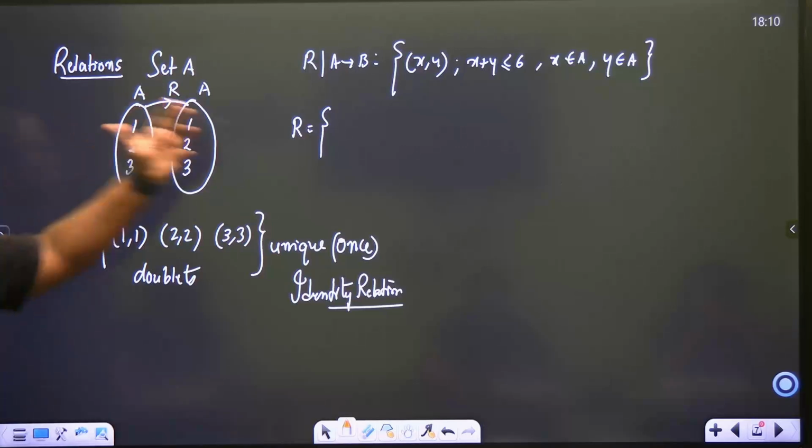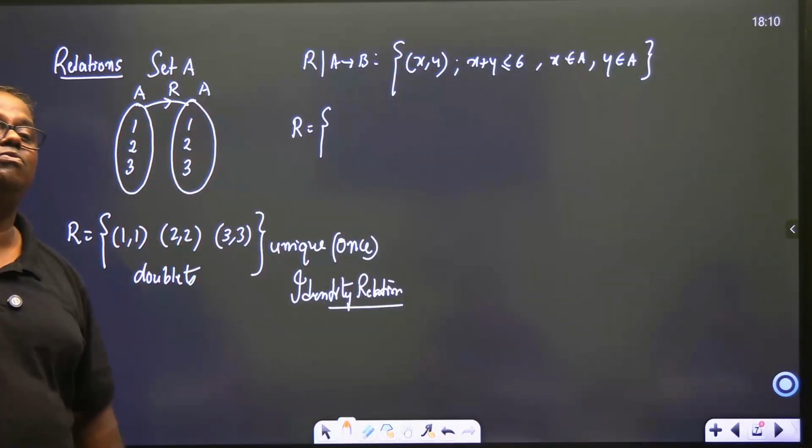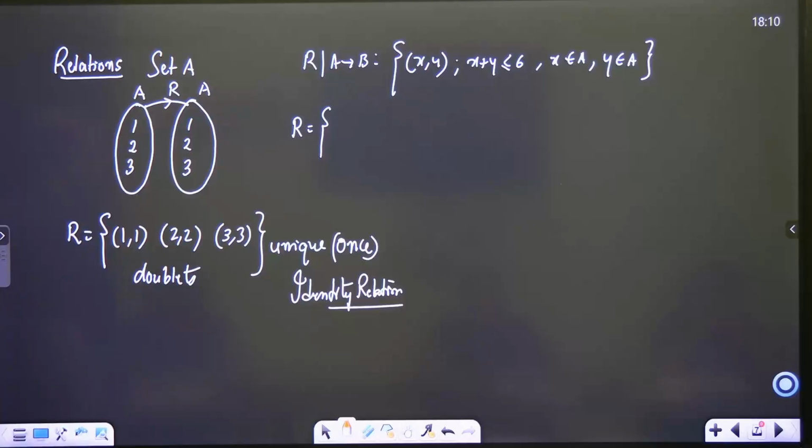Get me those ordered pairs whom if I add, I get a sum which is less than equal to 6.